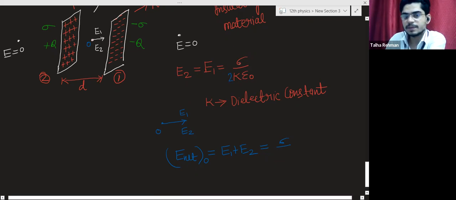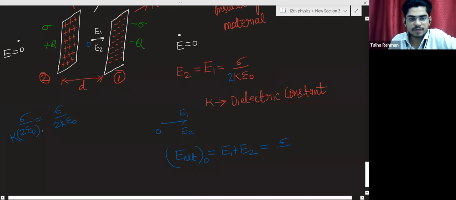Due to each plate, the value of the electric field will be sigma by 2K epsilon naught. Earlier it was sigma by 2 epsilon naught. Now this time K is multiplied, so I have written 2K epsilon naught.